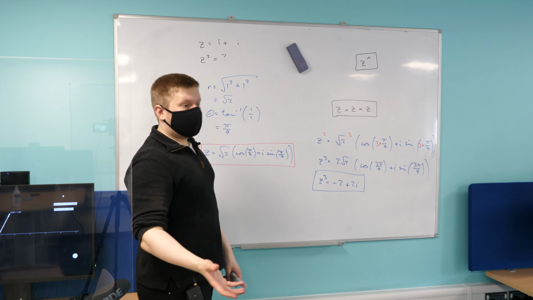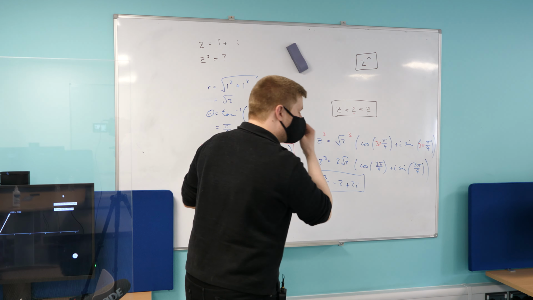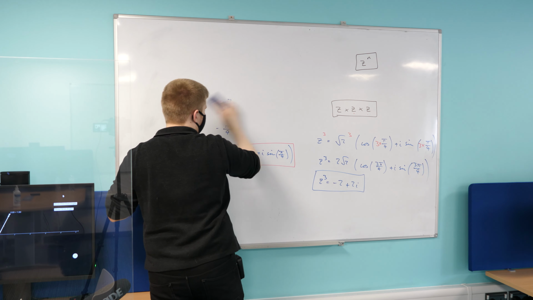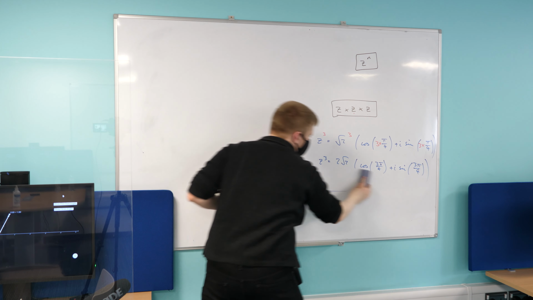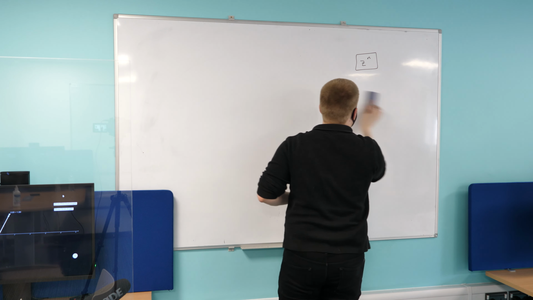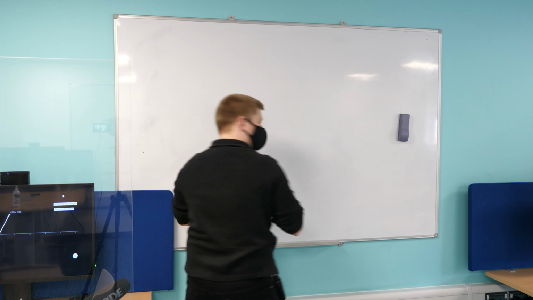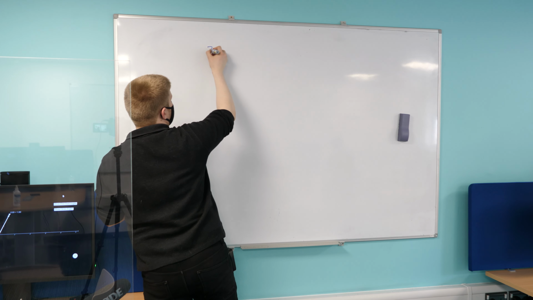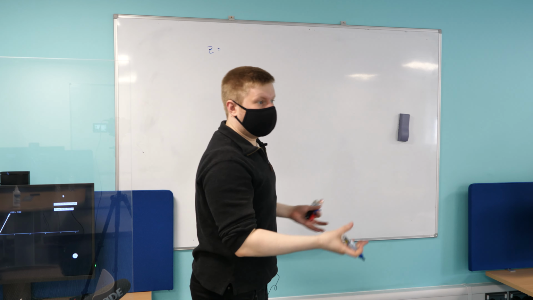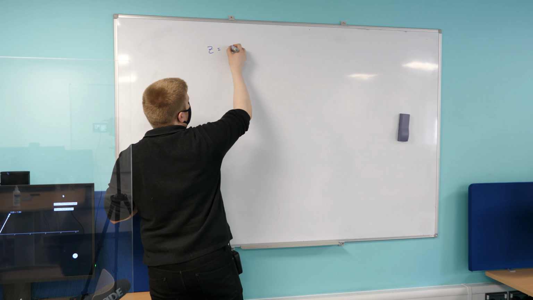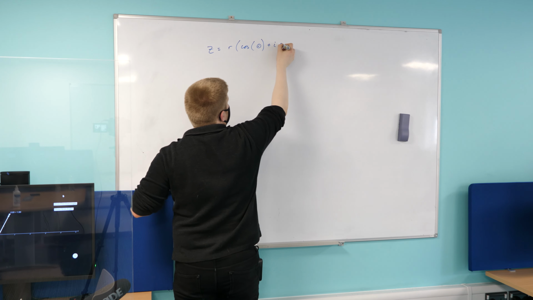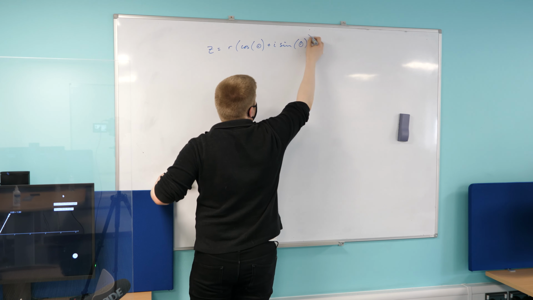So what can we say in general then? Let's try and formalize this into a nice general result. So if I take a complex number, let me clear the board first. Okay, so if I take a complex number, z, and just for the sake of argument, let's assume that this is in polar form. So let's write this as r times cosine of theta plus i sine of theta.